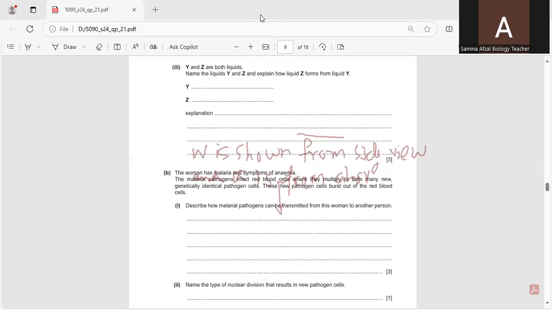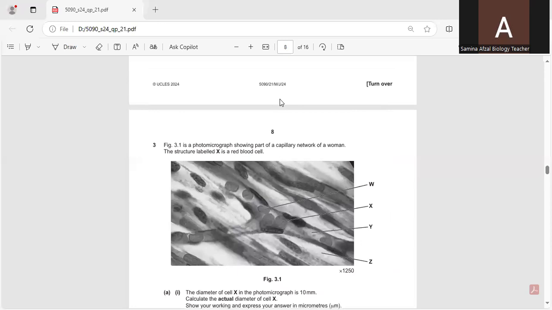Now, the next question. Y and Z are both liquids. Name the liquids Y and Z and explain how liquid Z forms from liquid Y. Moving towards there, liquid Y and liquid Z. Liquid Y, you can see, is present inside the blood capillary, so it is plasma, and Z is outside the blood capillary, inside the tissues, so it is tissue fluid.